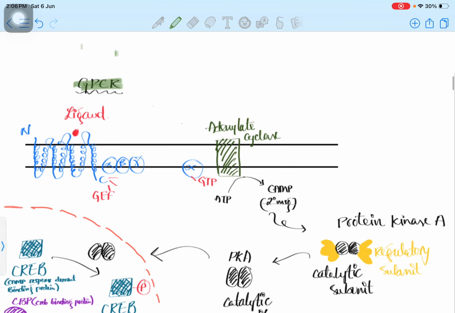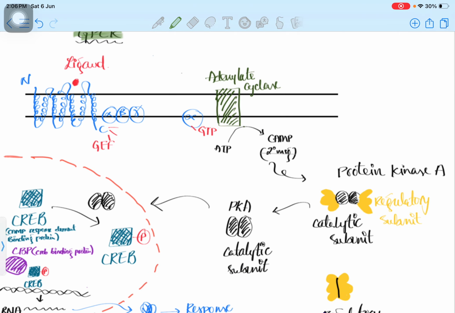So see, we are going to understand the GPCR signaling. Here you can see this is our plasma membrane, the cell plasma membrane, where the ligand will come and attach on the E3 and E4 region, the loops.